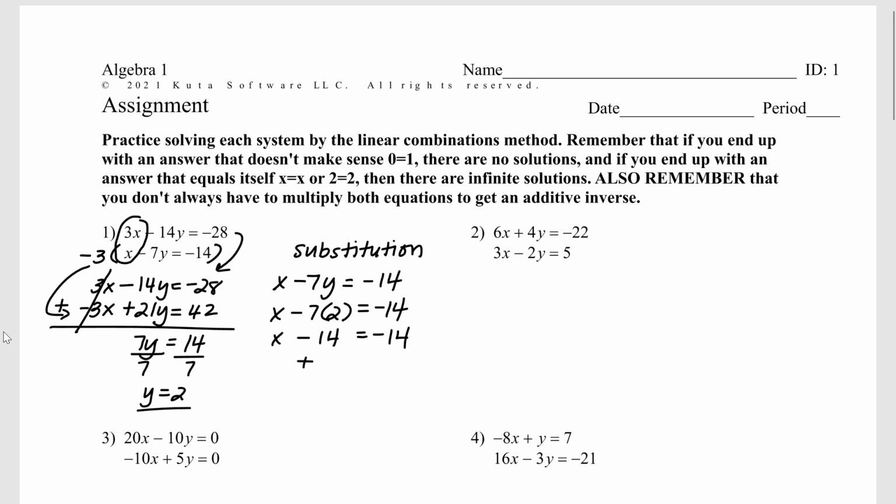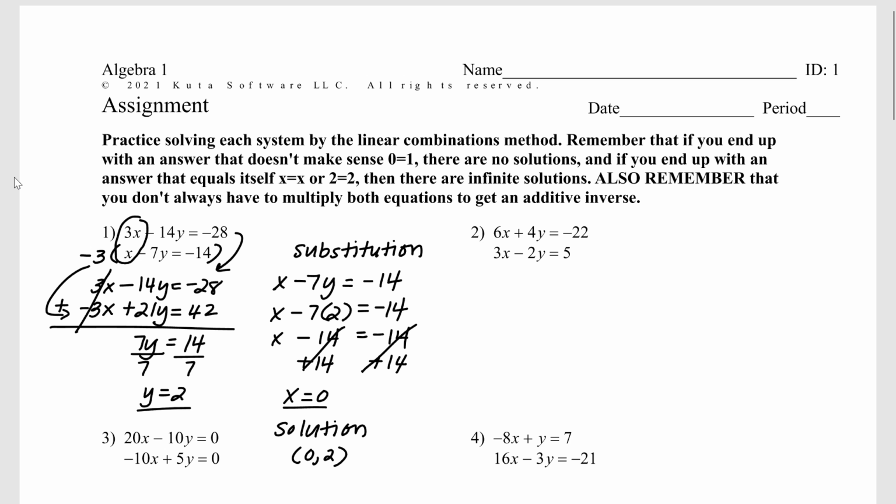I'm going to go ahead and add 14 on both sides. These cancel, and I find out that x equals 0. Okay, so my overall solution is 0, 2.